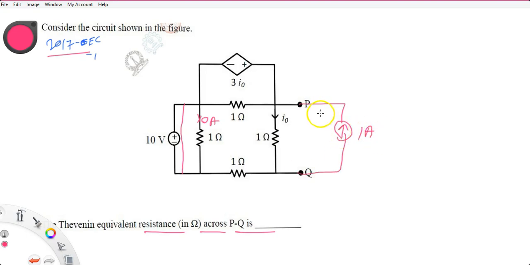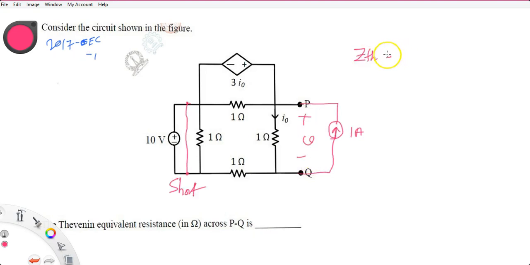We are following the proper procedure. Measure your V. So your ZTH is equal to V numerically. Let this current be I, and here you will have current 1 minus I0.